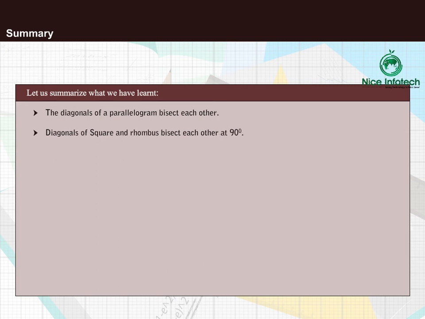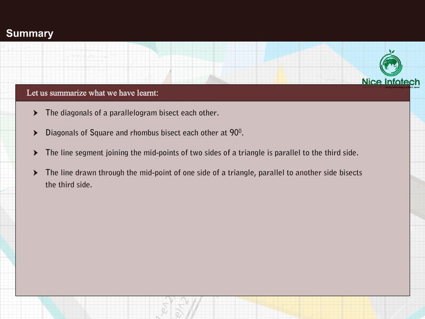Diagonals of square and rhombus bisect each other at 90 degrees. The line segment joining the midpoints of 2 sides of a triangle is parallel to the third side. The line drawn through the midpoint of one side of a triangle parallel to another side bisects the third side.